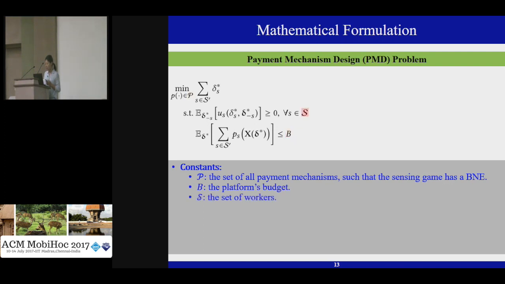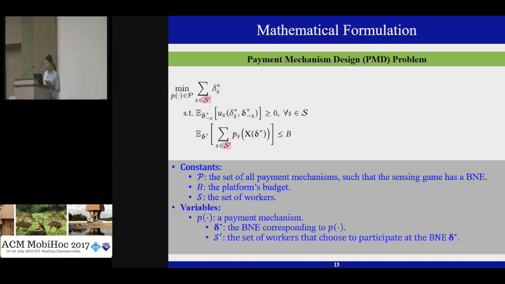The variable of the PMD problem is a payment mechanism P. Furthermore, delta star denotes the BNE corresponding to P, and S prime and X delta star denote, respectively, the set of workers that choose to participate and the set of collected sensory data at the BNE. Therefore, the PMD problem ensures budget feasibility and individual rationality and minimizes the upper bound of the error probability given by Lemma 1 at the BNE.